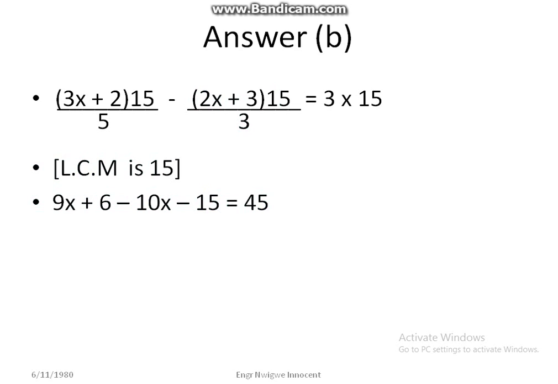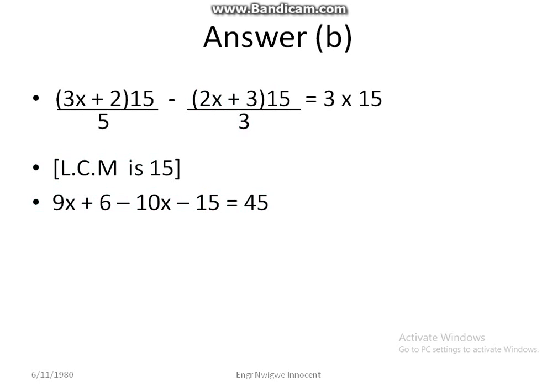15 divided by 5 will give us 3. 3 times 3s is 9s plus 2 times 3 is 6 minus 15 divided by 3 will give us 5. 5 times 2s is 10s minus 5 times 3 will give us 15 is equals to 45.